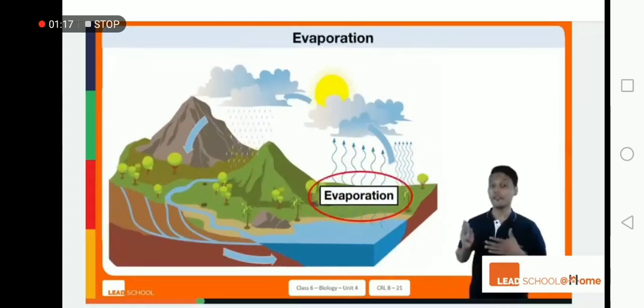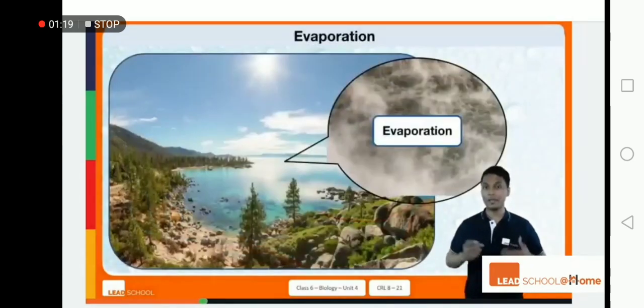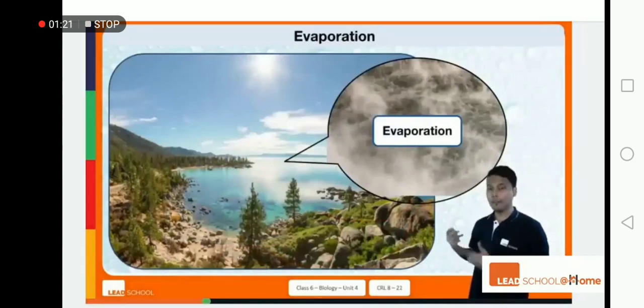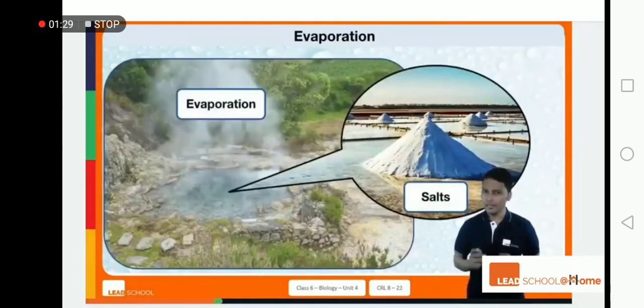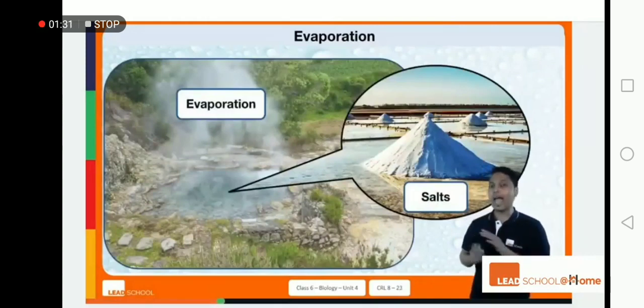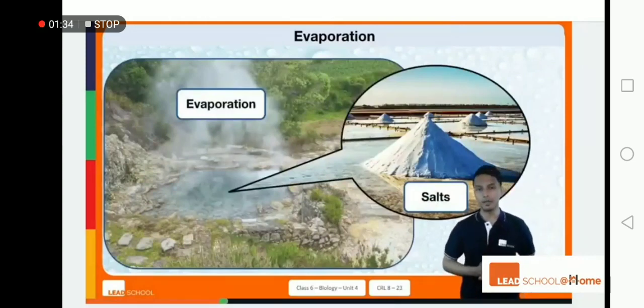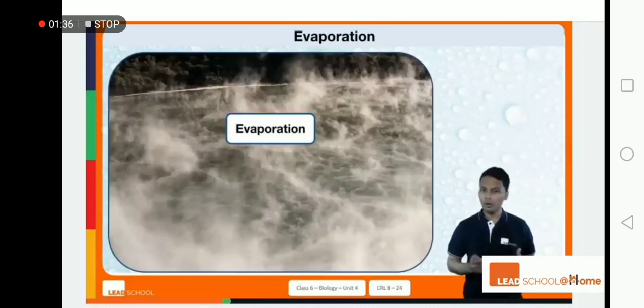The stage of evaporation. In this process of evaporation, the water evaporates from seas and oceans due to the heat from the sun. This leaves the salts behind and only water evaporates. Water is evaporated from all other water bodies as well.